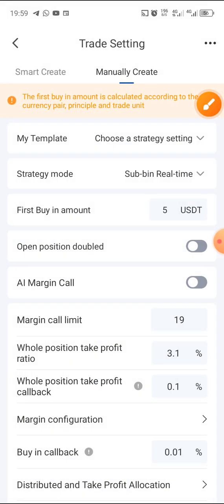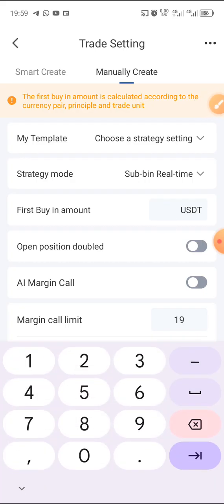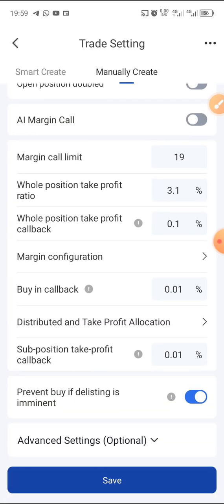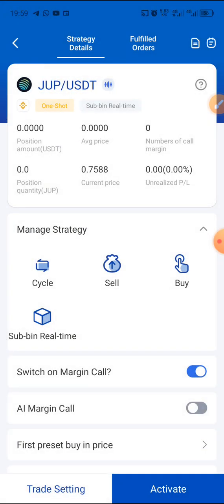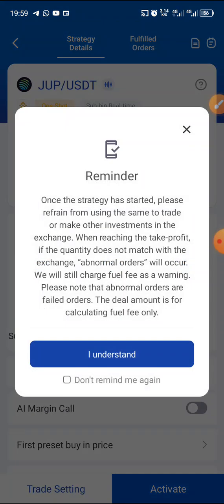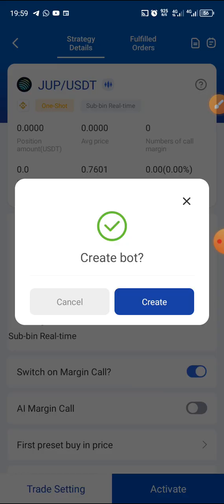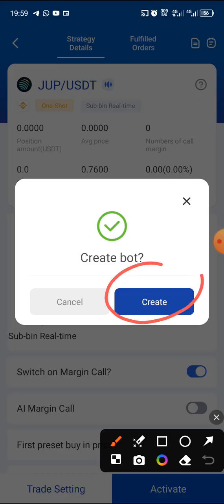You click on the strategy once, come here, edit from 12, in most cases it will be 12, put there 5, click save, click sure, then click activate, click I understand, and click on create.